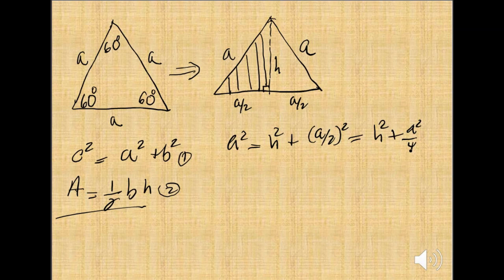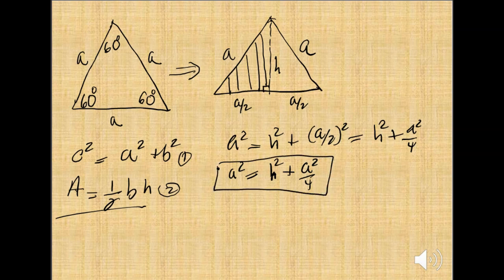Now let's solve for H here. This is A squared is equal to H squared plus A squared over 4. Let's solve for H here and plug it into equation 2.